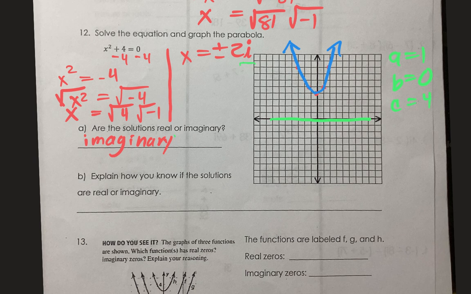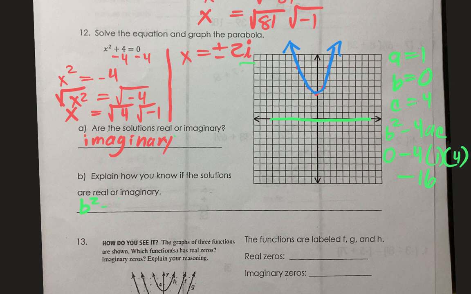So when I do b squared minus 4ac, I have 0 squared minus 4 times 1 times c is 4. So I get a negative 16, which, because that's negative, I know I have 2 imaginary roots.